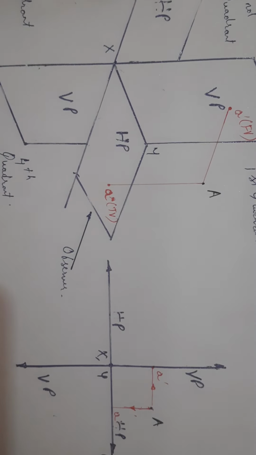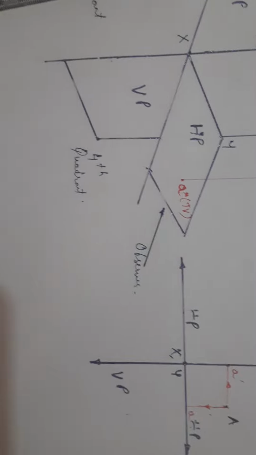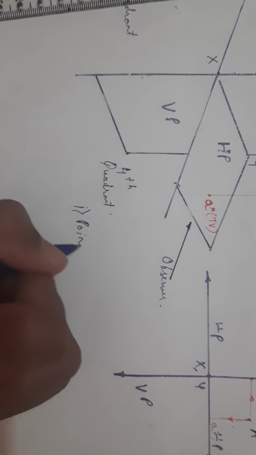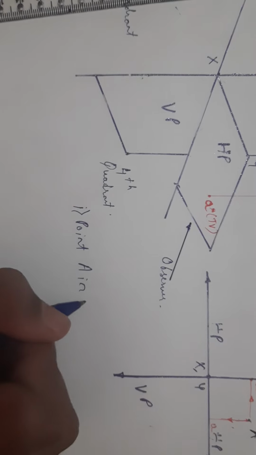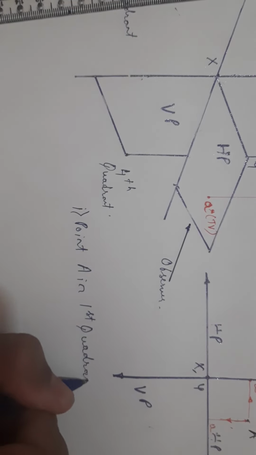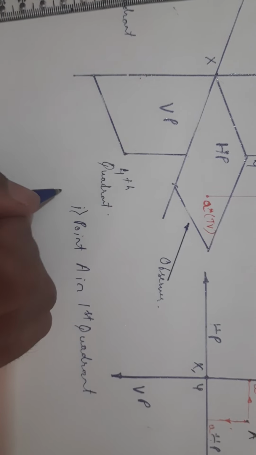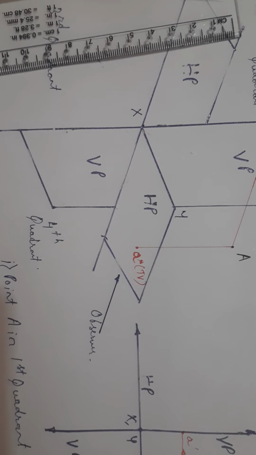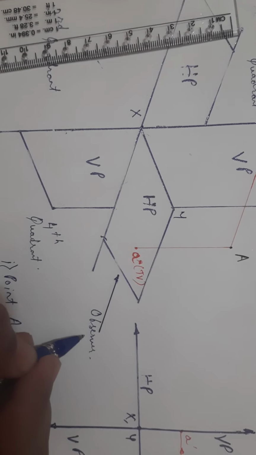Now first, if I look at the location of the point in first quadrant, point A in first quadrant, how do I write it? Whatever location we are writing, it has to be with respect to the observer.